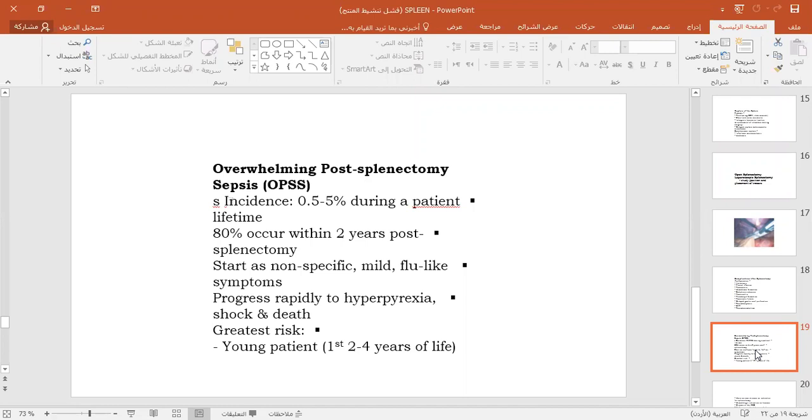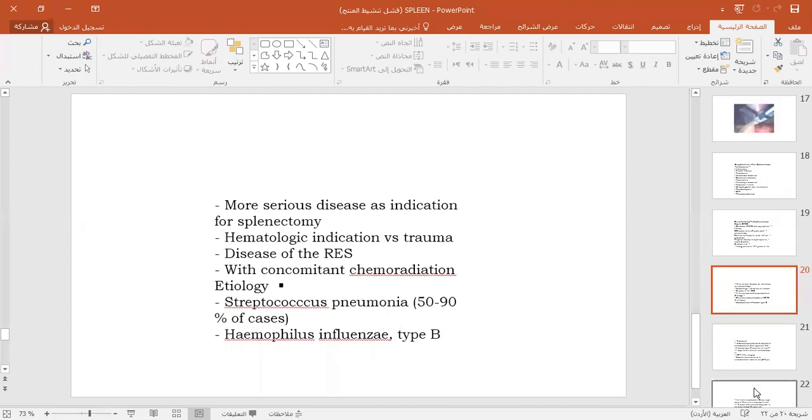Okay, it usually occurs in patients when the indication for splenectomy is other than trauma, especially when the indication is a blood disease. Post-splenectomy sepsis can occur with more serious disease as the indication for splenectomy. Hematological indication versus trauma.